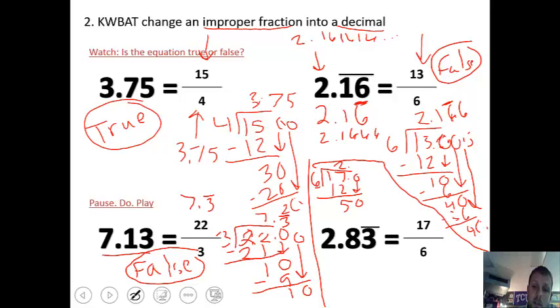Let's see, 5 would be 30, 7 would be 42, 8 would be 48, 8's good. Down to 0, would be 3, running out of room, it's okay. I noticed that it begins to repeat again, so I'm getting 20s, so I'm going to put a hat over the 3. So 2.83 repetend is the same thing as 3 points.